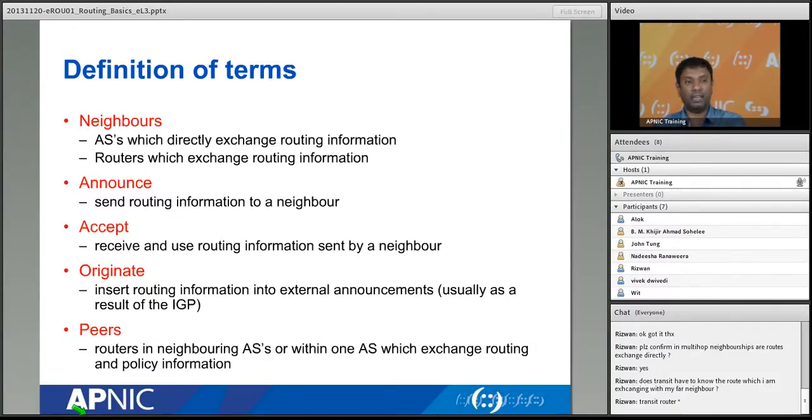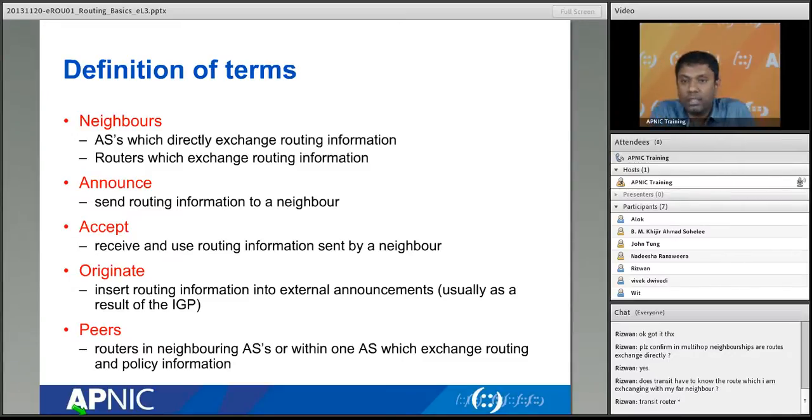And when you originate that prefix, it goes to the next router, and from there that router can announce it to the next router. It can be the same concept when we compare with AS. One AS can originate the prefix, and from that AS, when it goes to the next AS, if the policy permits, they can forward it to the other AS. That's what we call announcement.